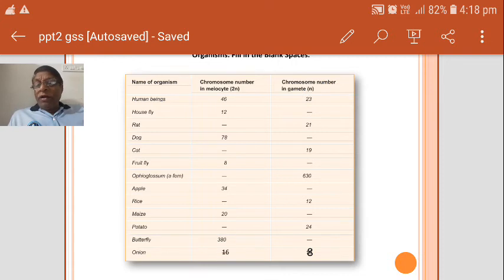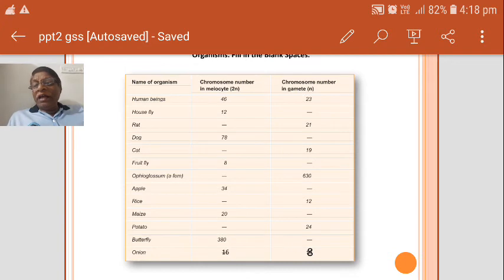Drosophila melanogaster is a very important animal because most of the genetic work in animals is carried out on this animal. Hence, this is called Queen of Genetics, Cinderella of Genetics.